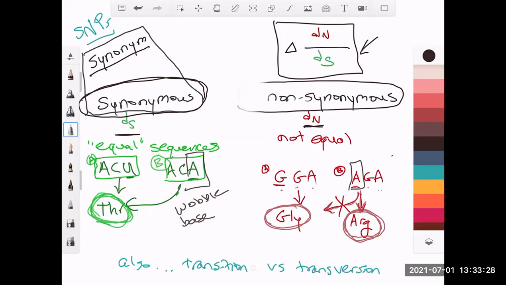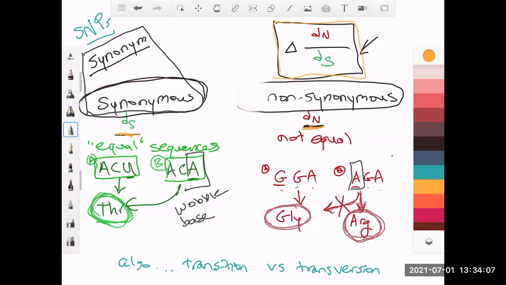Now, one thing that I also wanted to mention here, which is not in your textbook, so pay attention here, all hands on deck. These two things that I've written up here, DS and DN. DS is for synonymous, DN is for non-synonymous. And this is how you would actually use the data that you got. You can use this equation. You would look at the change in non-synonymous mutations versus the change in synonymous mutations.